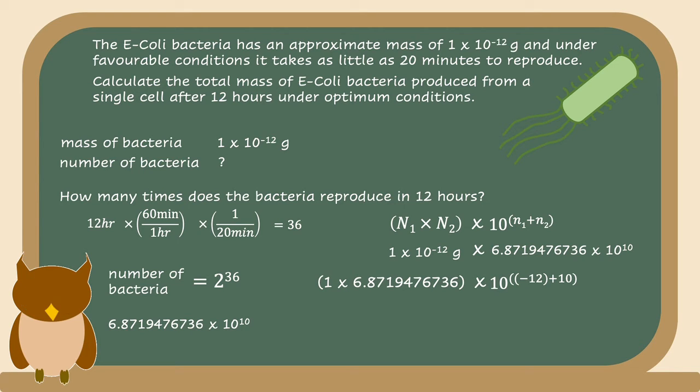Minus 12 plus 10 gives us minus 2. And then finally the answer is 6.8719476736 times 10 to the power of minus 2. This is simplified to 7 times 10 to the power of minus 2 grams.